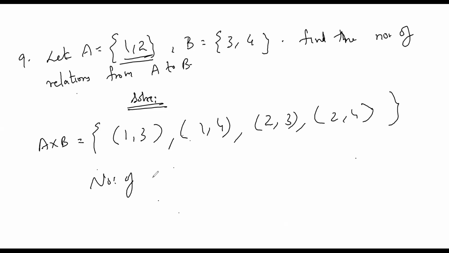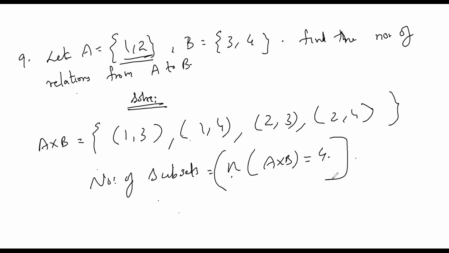Number of subsets, we know how to find it: 2 power the number of elements. Here n(A cross B) is equal to 4. So the number of subsets of A cross B is 2 power 4.